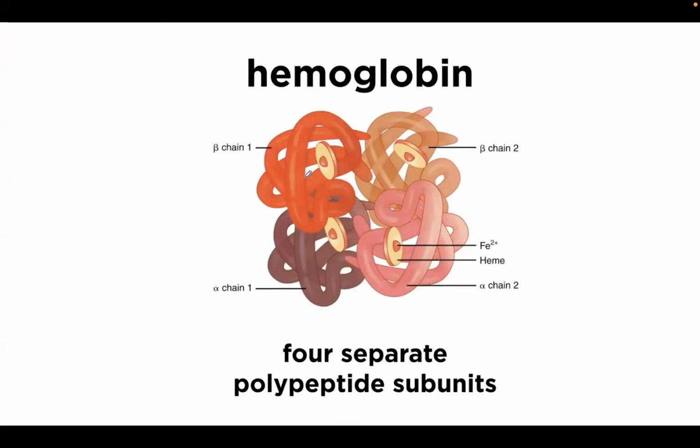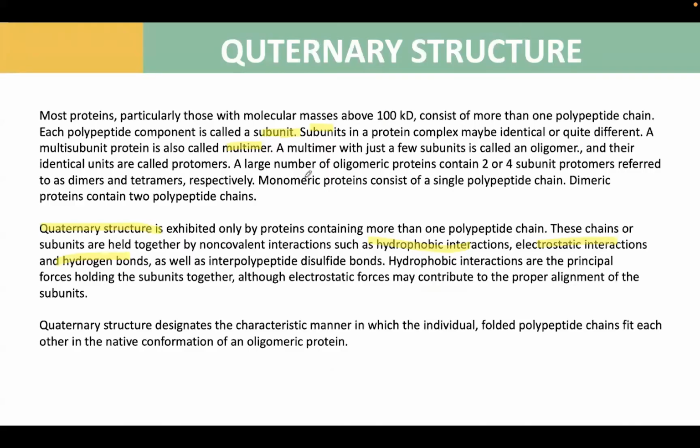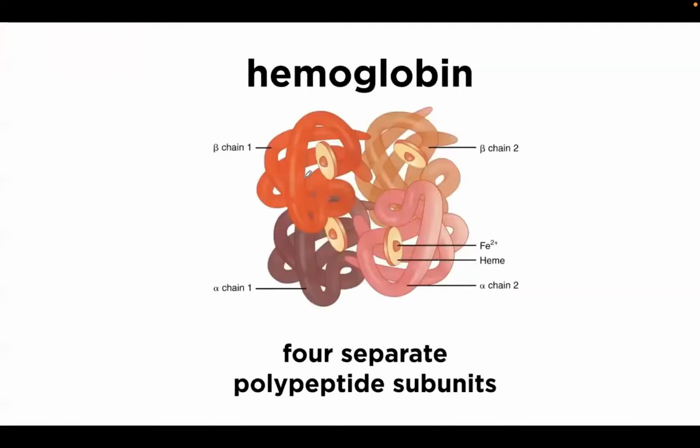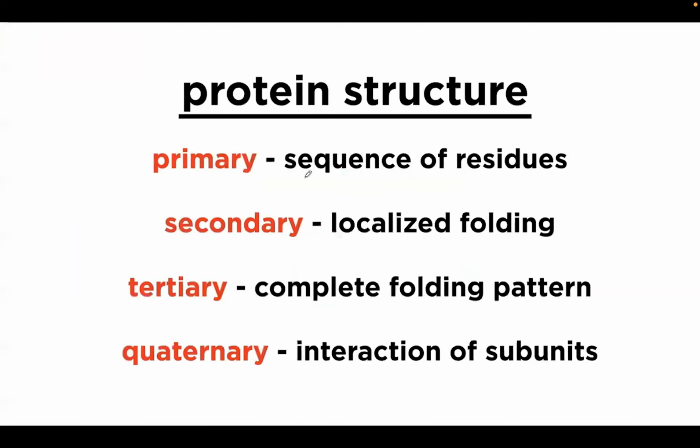It is under your quaternary because marami siyang polypeptide chains. Most proteins, particularly those with molecular masses above 100 kD, consist of more than one polypeptide chain. Thus, your hemoglobin.